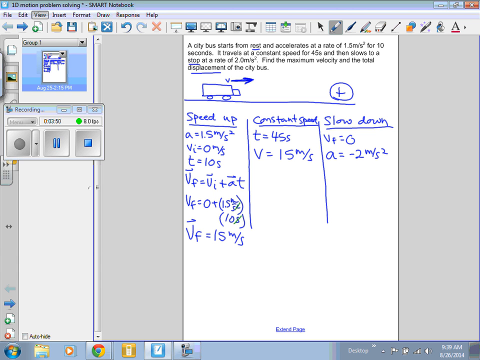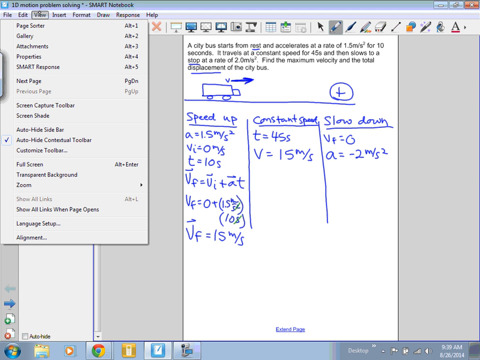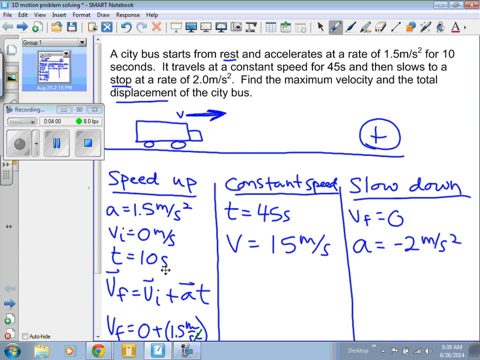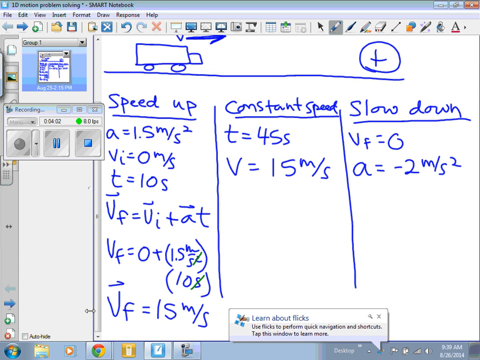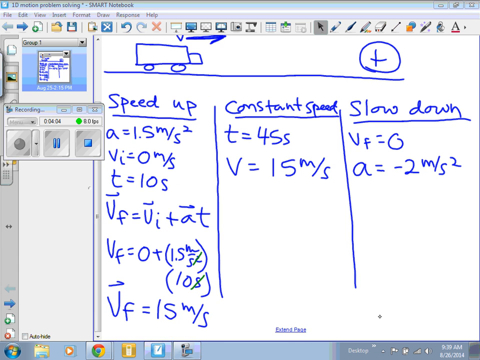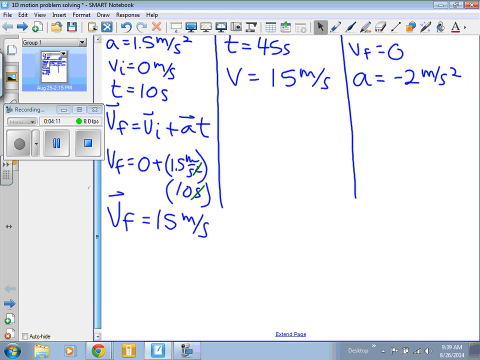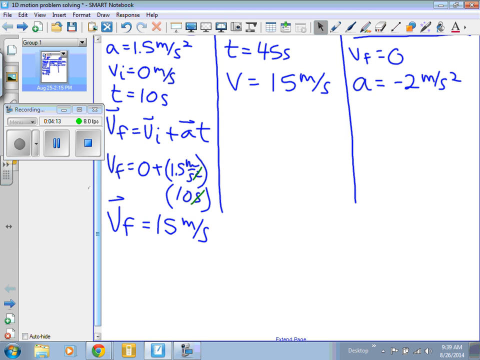Let me change the view a little bit. Okay. So let's figure out how far the bus traveled in this time. We can use several different equations.